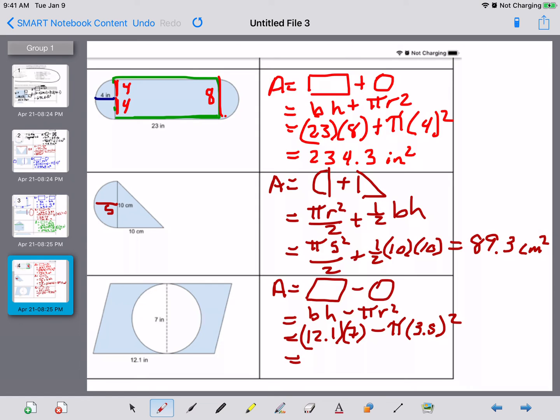And I pop that in my calculator. 12.1 times 7 minus my pi times 3.5 squared. And I come up with my remaining blue area of 46.215 in my calculator, but 0.2 rounded to the nearest tenth, inches squared.